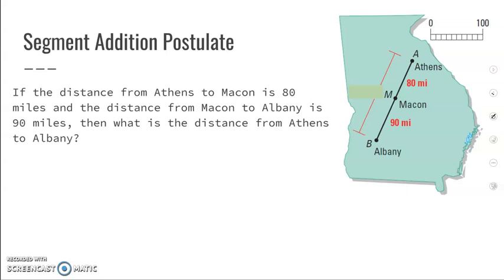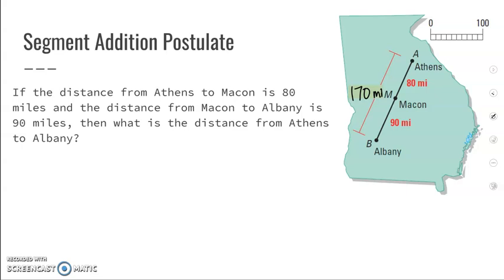If the distance from Athens to Macon is 80 miles, and the distance from Macon to Albany is 90 miles, then what's the distance from Athens to Albany? Hopefully you're able to quickly identify that this would be 170 miles. Now, this seems very intuitive and easy to make sense of, but what you just used was the segment addition postulate in your head.